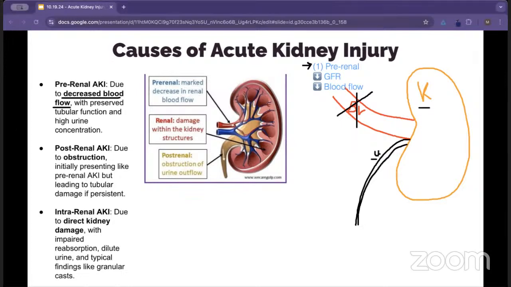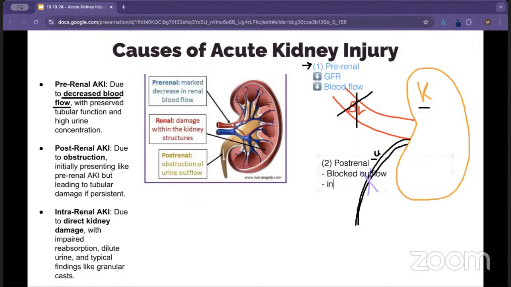Post-renal azotemia would be affecting the ureters. If there's some kind of obstruction here, there's a blockage of outflow happening right here. So I'm just going to call it number 2 here, post-renal azotemia, where there is blocked outflow.